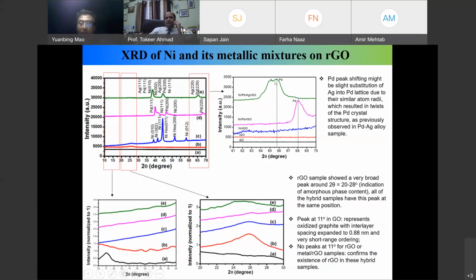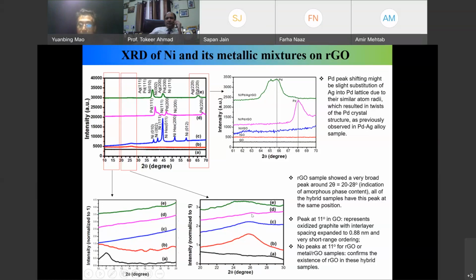This is maybe due to the substitution of silver into it. And if we look at this region, there are also some peaks. This part shows that this is related to this peak around this region.